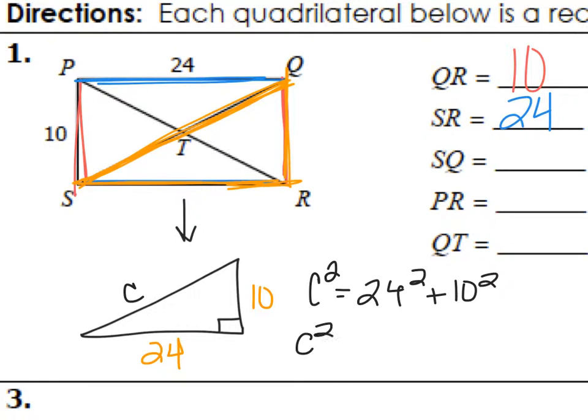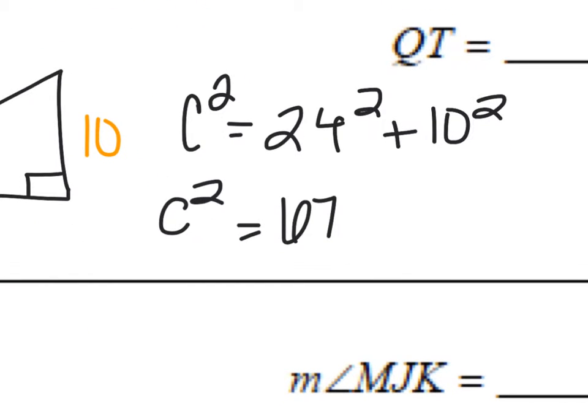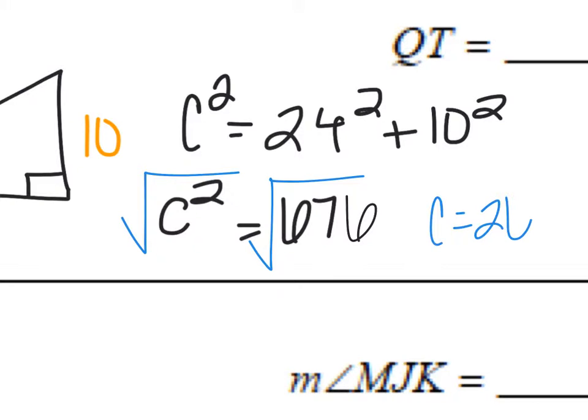So C squared equals 676. So to get C by itself, we square root both sides. So C is 26, I think. Yep, 26.